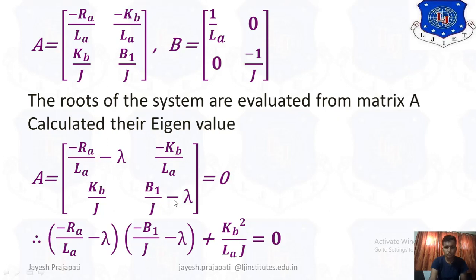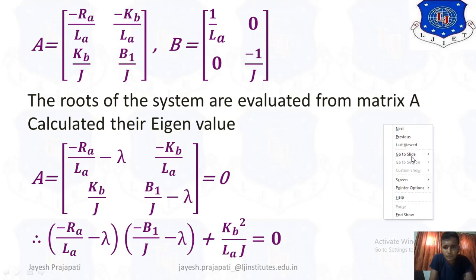So this portion is multiplied with this, and this portion is multiplied with minus. So we write in bracket form: minus Ra by La minus lambda, and minus B1 by J minus lambda, plus these two portions multiplied here.